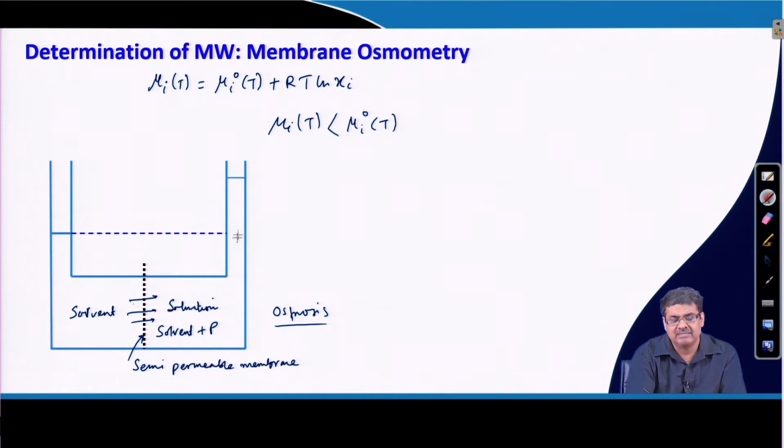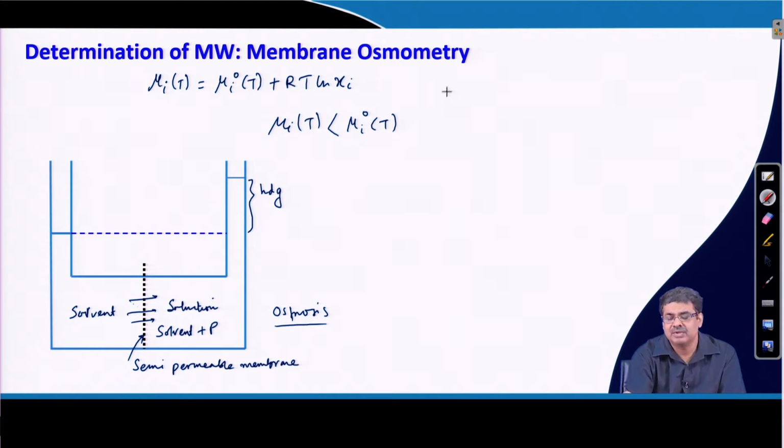as more solvent comes, there is an extra pressure build-up, of the magnitude of this height h times the density of the solution d times g. So compared to this side, the pressure is more on this side.